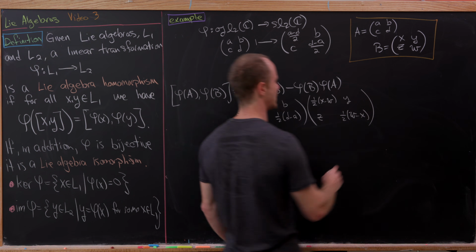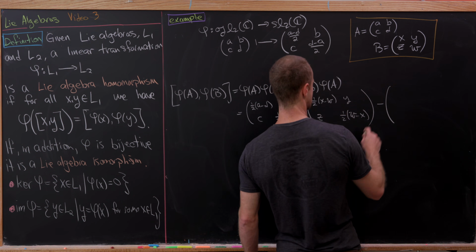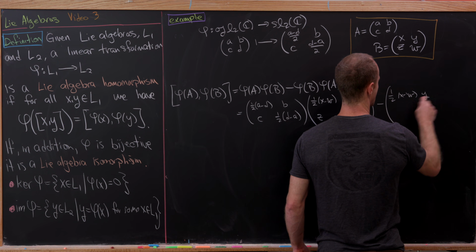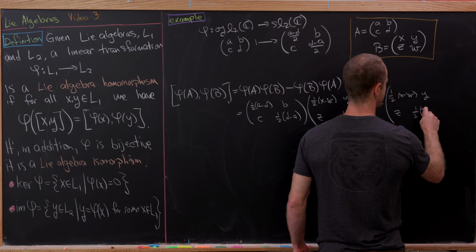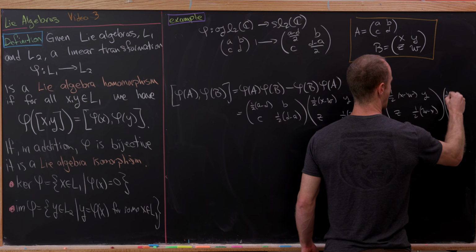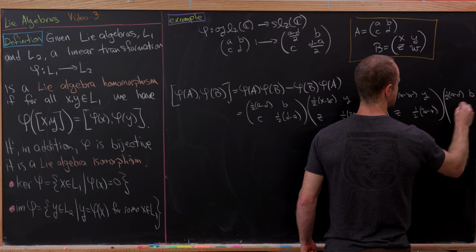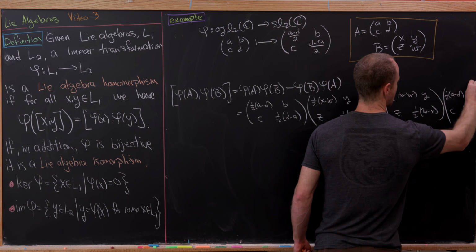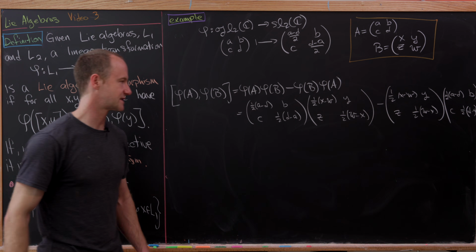And then we'll just have it in the opposite order. So a half X minus W, Y, Z, a half W minus X. So that's for the first one. And then we have a half A minus D, B, C, a half D minus A. Okay, so there we have that.